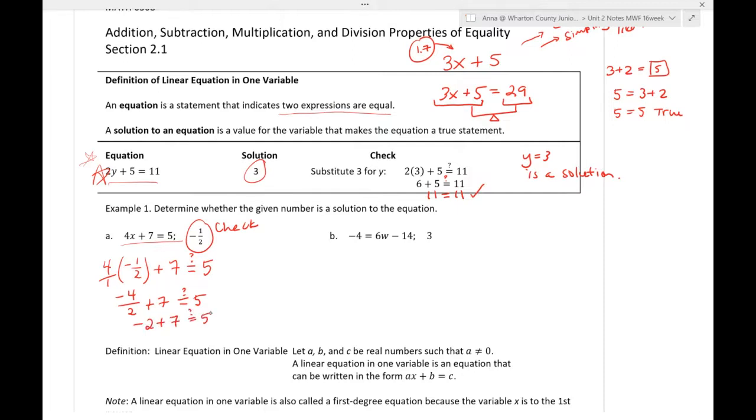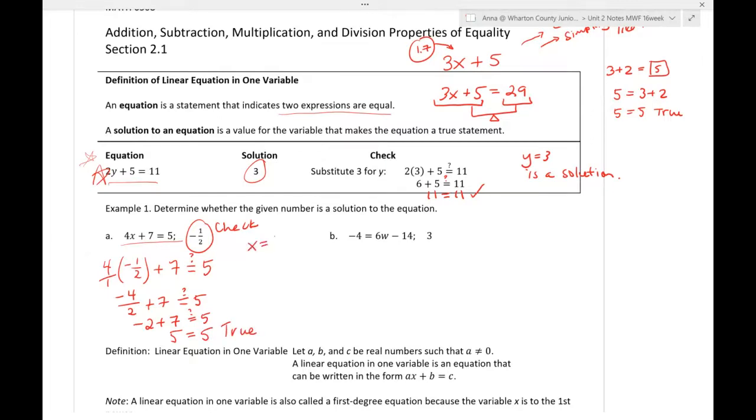Does that equal 5? Well, we're just adding two numbers that have different signs. You can plug negative 2 plus 7 into your calculator, but we also know how to do this. We subtract the values and keep the sign of what there's more of. So 7 minus 2 is 5. There were more positives, so it's positive 5 equals positive 5, which is true.